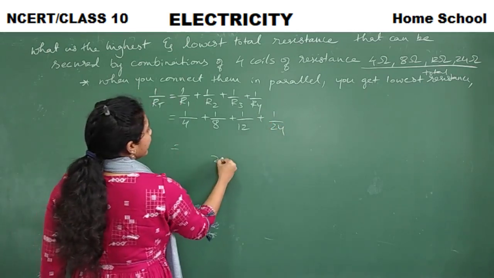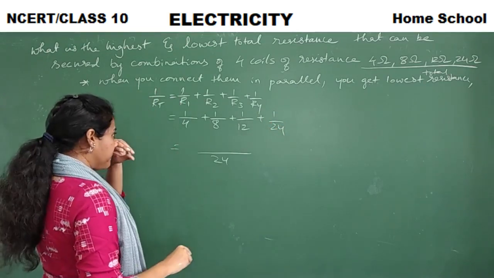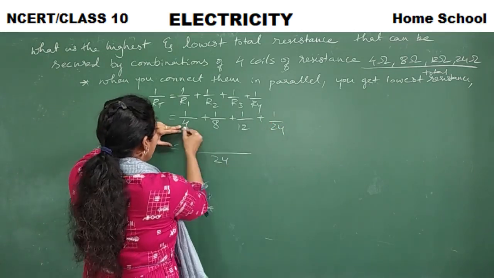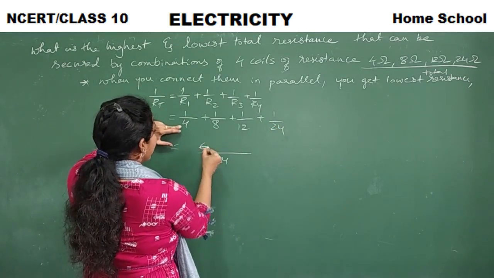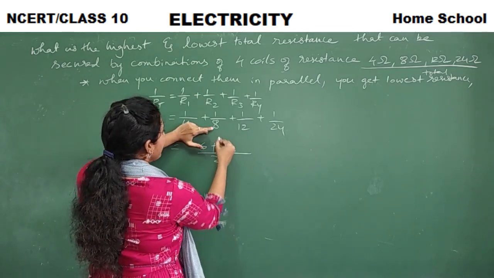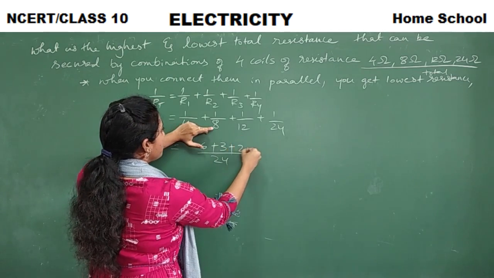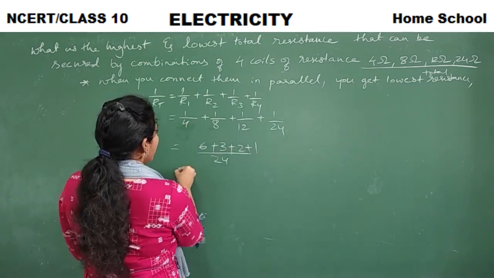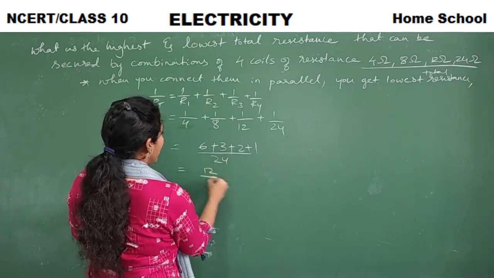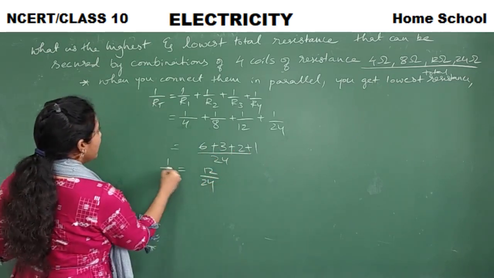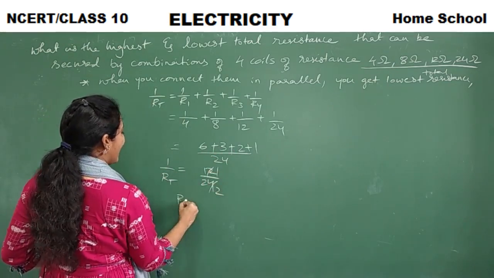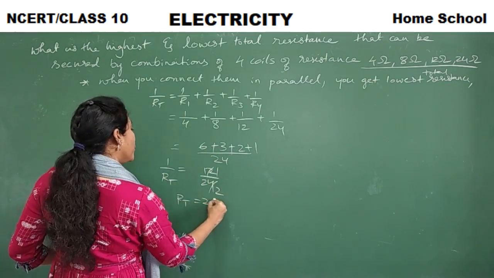Let me take 24 as the LCM. Then how much do you get? 4 sixes are 24, right? So 6 plus 8 threes are 24, so 3 plus 2 plus 1. So how much do you get? 6 plus 3 is 9, 10, 11, 12. So 12 by 24. 1 by RT is equal to 12 by 24. 1s are 2s are, so RT is equal to 2 ohms.